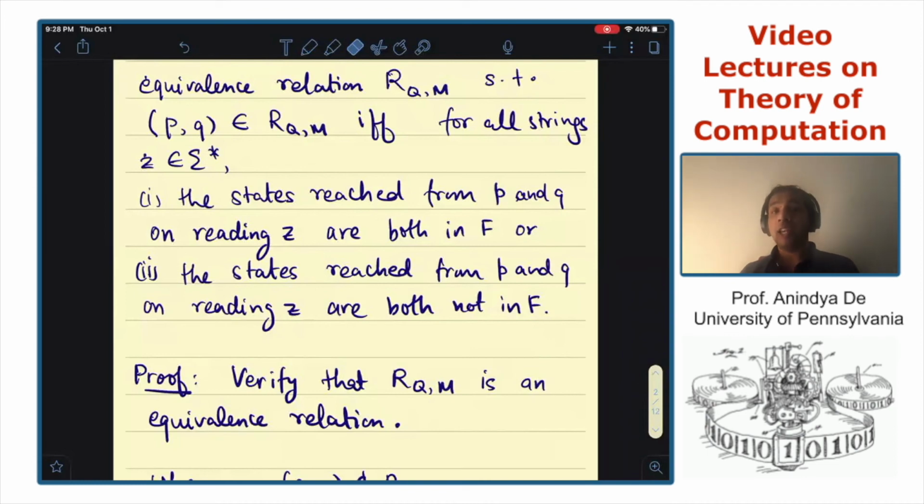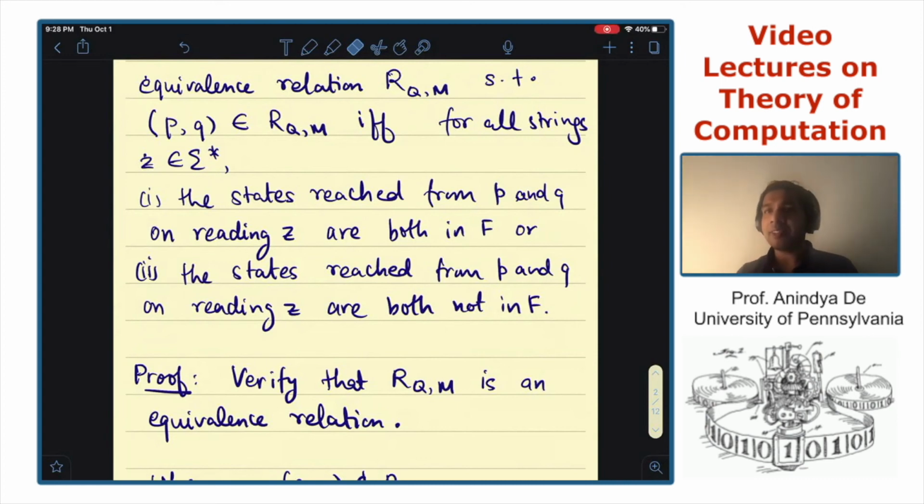That's because if (p, q) is in R_{Q,M}, then when you read a string z from p and q, in both cases you reach either an accepting state or a rejecting state. And likewise, if (q, r) is also in R_{Q,M}, then again, if you read z starting from q and from r, you either reach an accepting state or a rejecting state on both occasions.